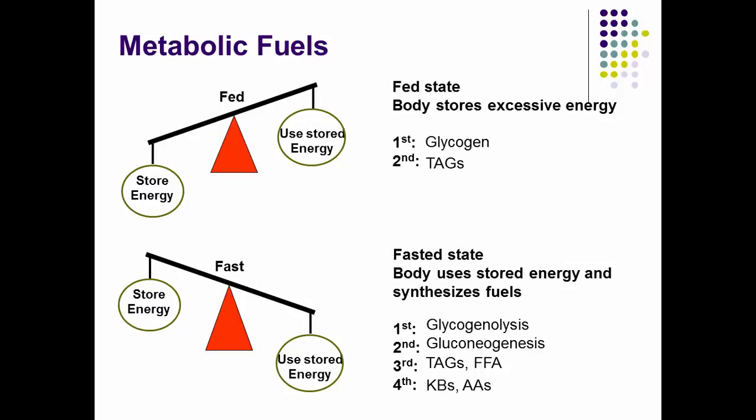So breaking down glycogen is the first thing, and then making glucose is the second. Then the third is to break down triglyceride and utilize fatty acids as energy. And finally, we make ketone bodies and also break down some protein to release amino acids for energy fuels, right?